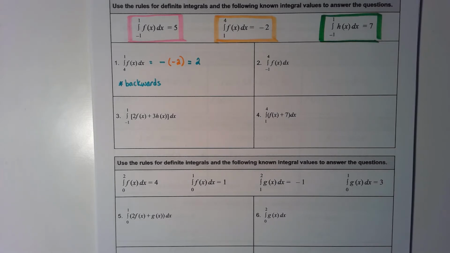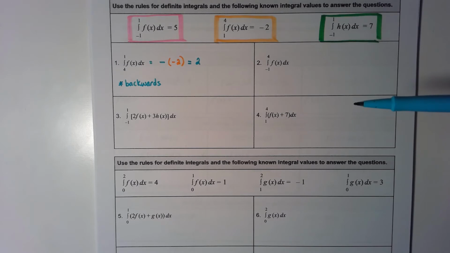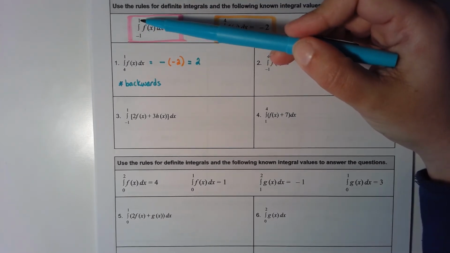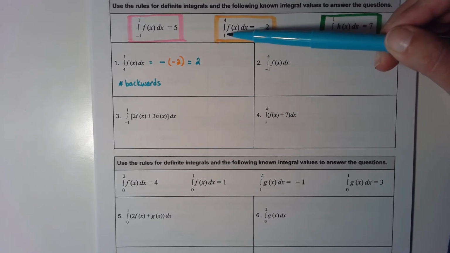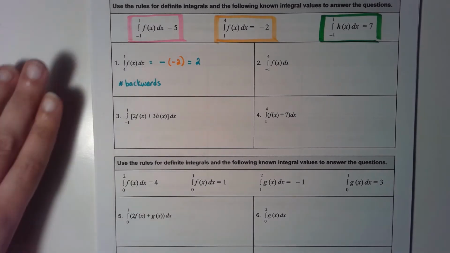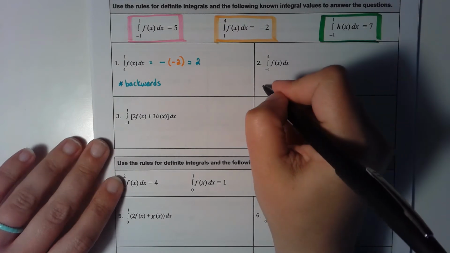For problem number 2, you'll notice it says, let's try to go from -1 to 4 of f of x. Now, this first f of x integral goes from -1 to 1, and the second one goes from 1 to 4. In order to go from -1 to 4, I need to combine those. One of the best ways to do this problem is to visualize it on a number line.